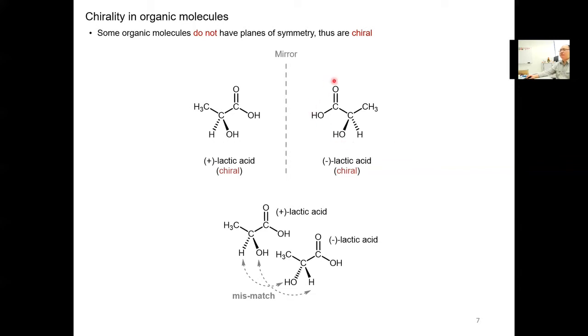But if you put these mirror images together and compare them, do the superimposability test. You can see we put the CH3, COOH right in this shape, and if we put them close together, you can see the OH is now pointing to you, but for the minus, the OH is pointing away from you. So these are not the same molecule, but these are mirror images, so they are chiral. All right.